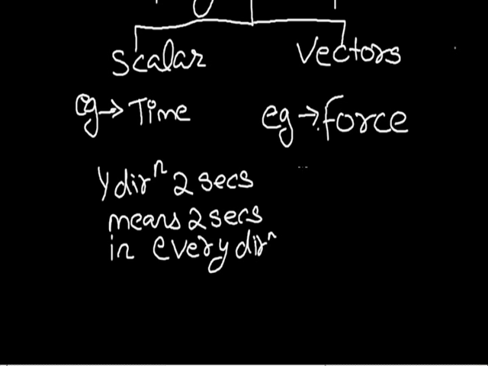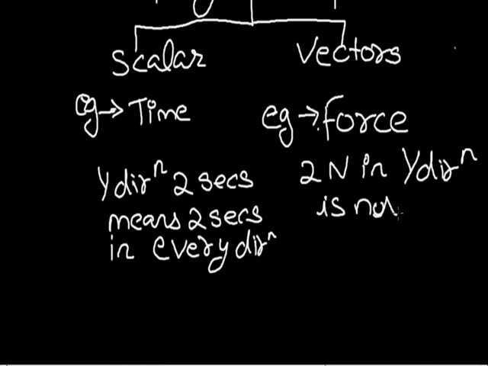A force of 2 Newton in y direction does not mean that it is the same everywhere. Okay, this means a force of 2 Newton is only in y direction.